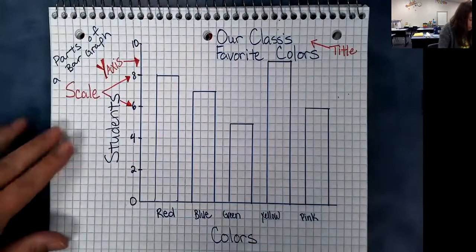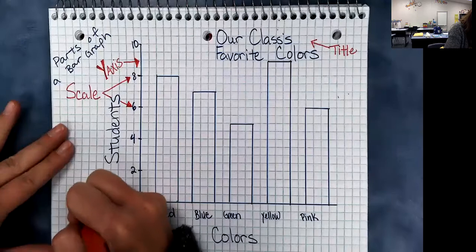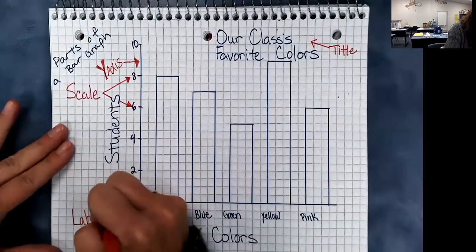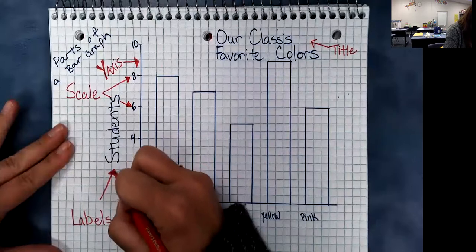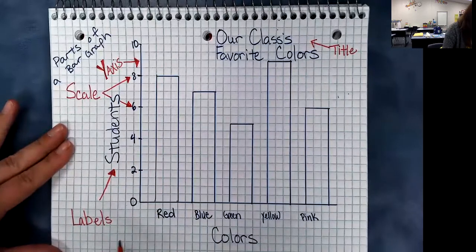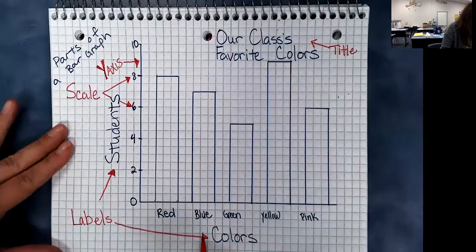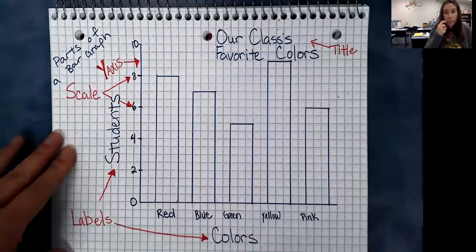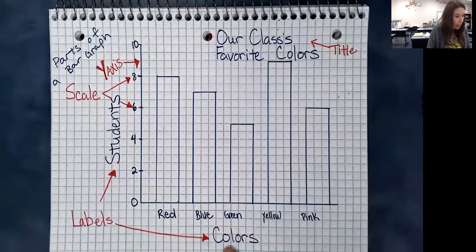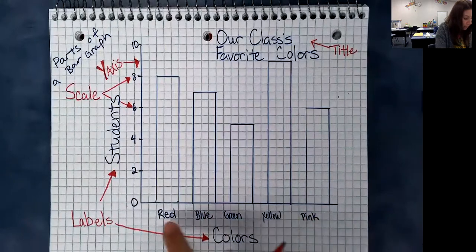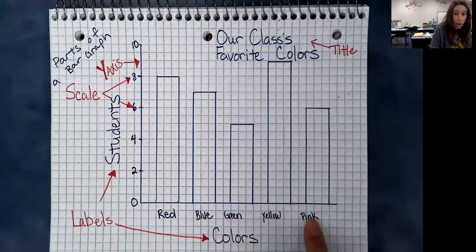That's the scale. Okay, labels. I labeled my scale as students, and then I labeled my categories as colors. So those are my labels, and that explains what kind of data we used. Now these colors are my categories.